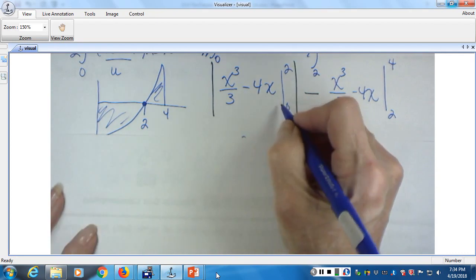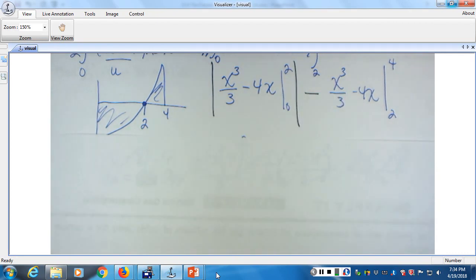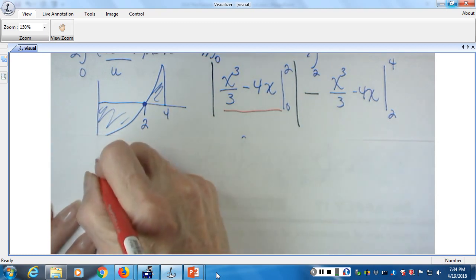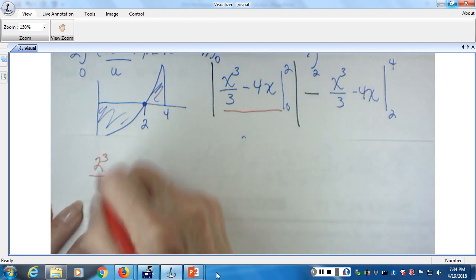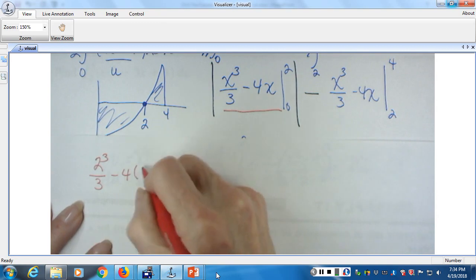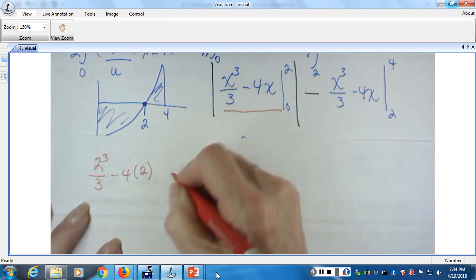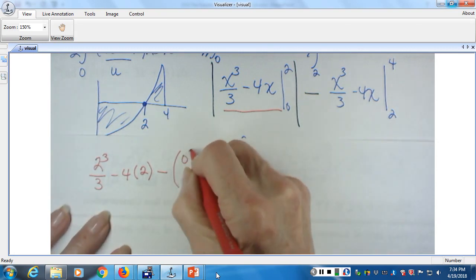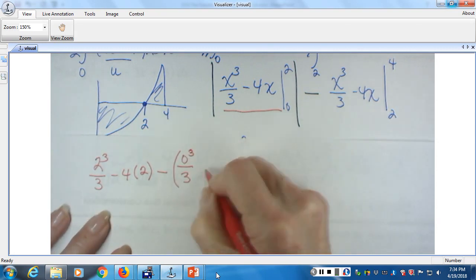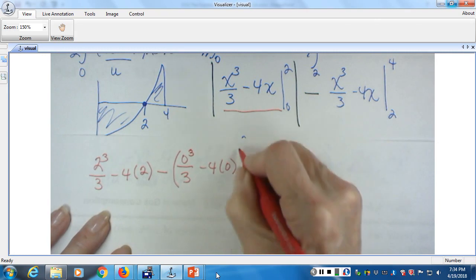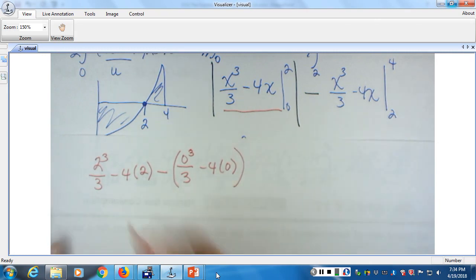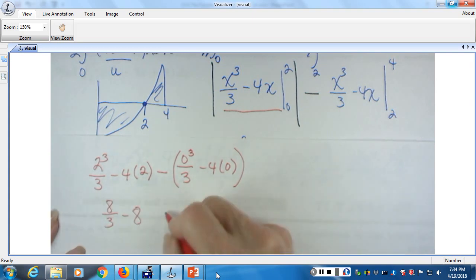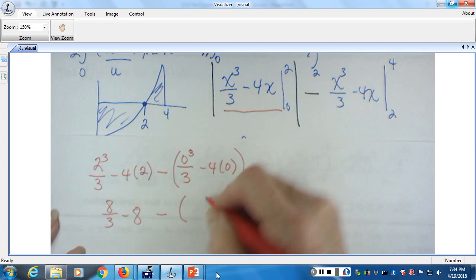So for this one, just to distinguish it, that's going to be 2 cubed over 3 minus 4 times 2 minus 0 cubed over 3 minus 4 times 0. And that's going to give us 8 over 3 minus 8 minus 0 minus 0 is 0.